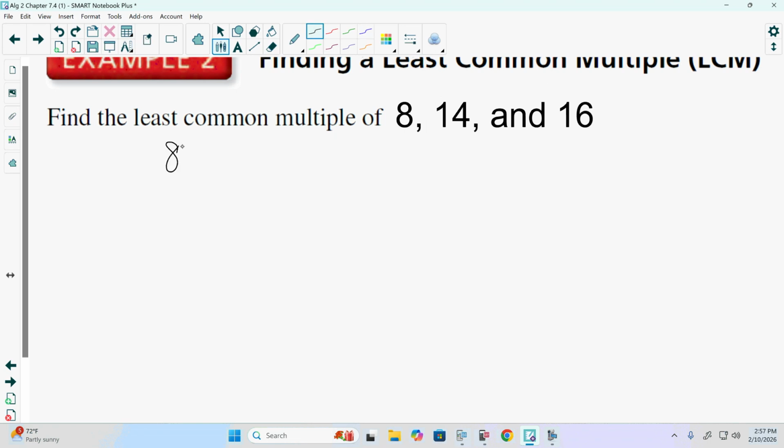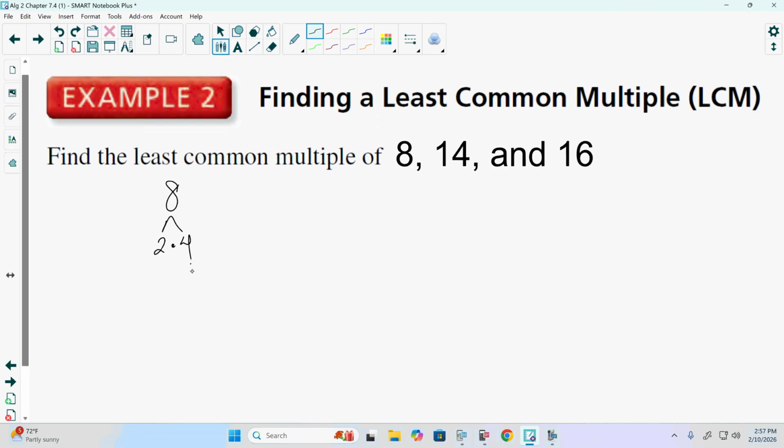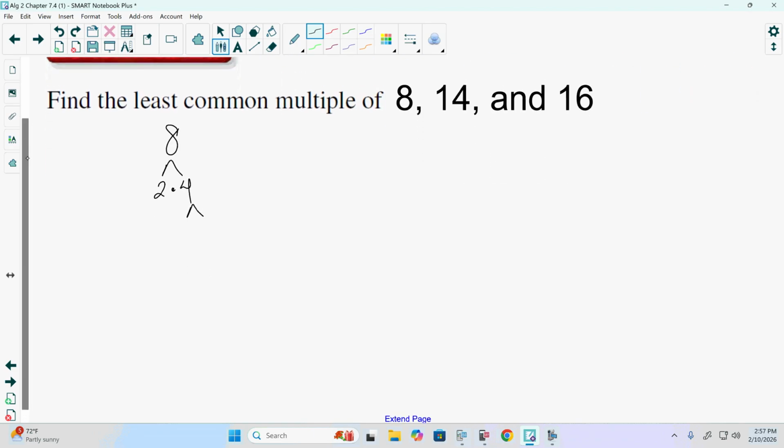So to do this here, let's look at 8 first. What two numbers multiply together to give us 8? So we're going to start with 2 and 4. 1 and 8 don't tell us a whole lot because we want to look at prime numbers, and 1 is not a prime number. So 2 times 4 is, well, 4 is what? 2 times 2.